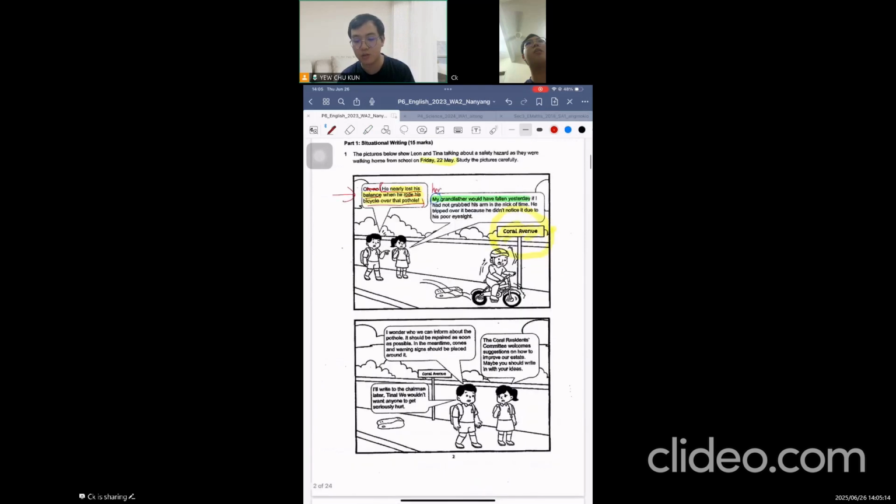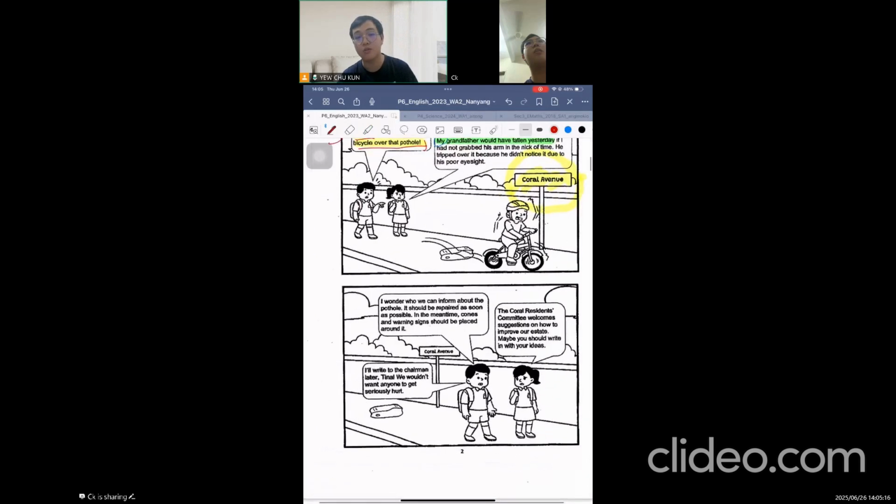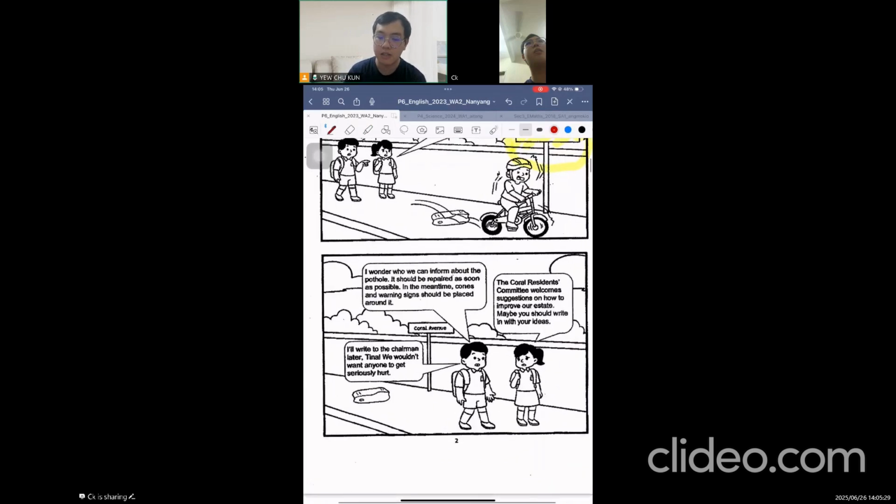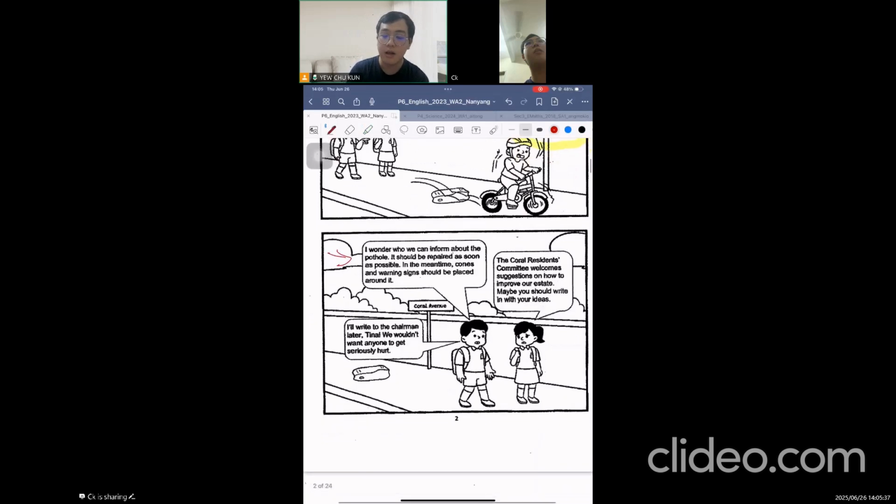This is done. So here we come to picture 2. We notice the yourself. You say, I wonder who can inform that. So here at conversation box 1 on picture 2, there are 2 actions to be done.